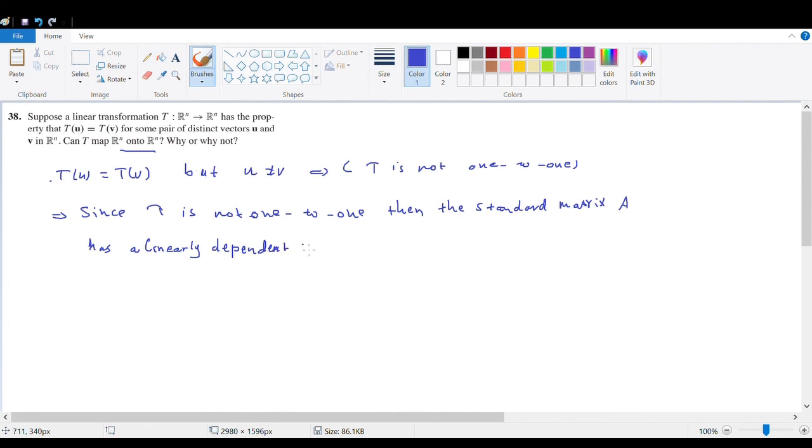So from here, since we have linearly dependent columns, that means also A is a square matrix because the mapping is from Rn to Rn, then the columns of A do not span Rn. Since A is an n by n matrix, the columns of A do not span Rn.